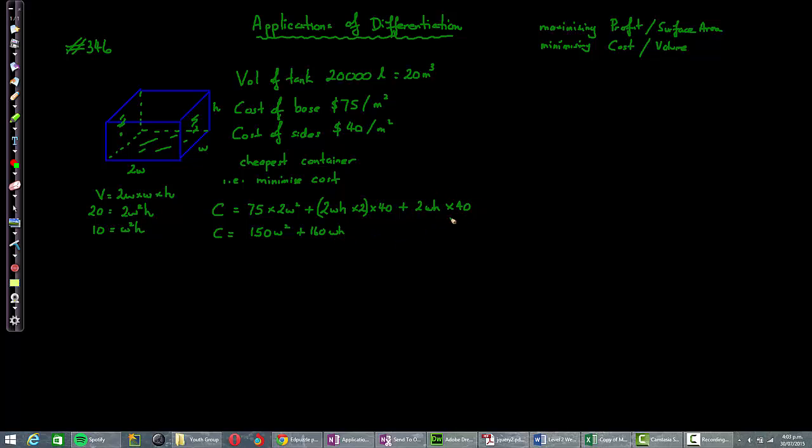And this is going to be another 80 WH. Alright, so we can simplify further: 150 W squared plus 240 WH if you add the WH terms together. Now this is an expression for the cost.